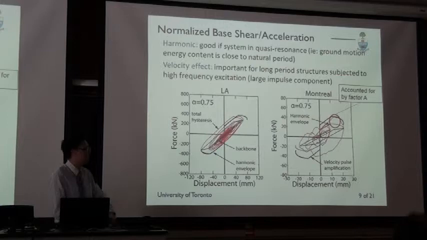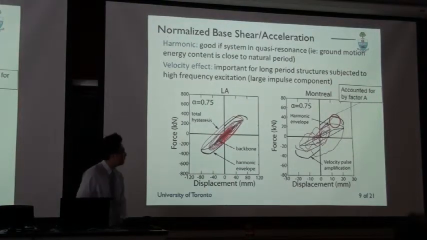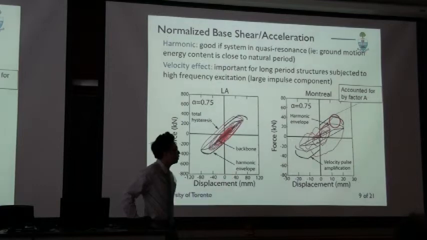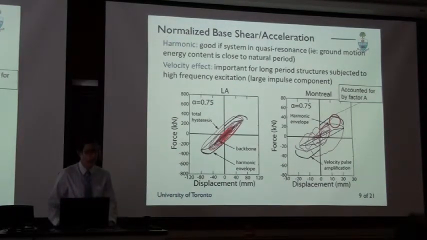On the other hand, if you have high-frequency excitation, typically the response will not be the elliptical response that you expect from resonance, but instead a jagged and irregular response due to local pauses in velocity and viscous force. And this effect is accounted for by the factor A.